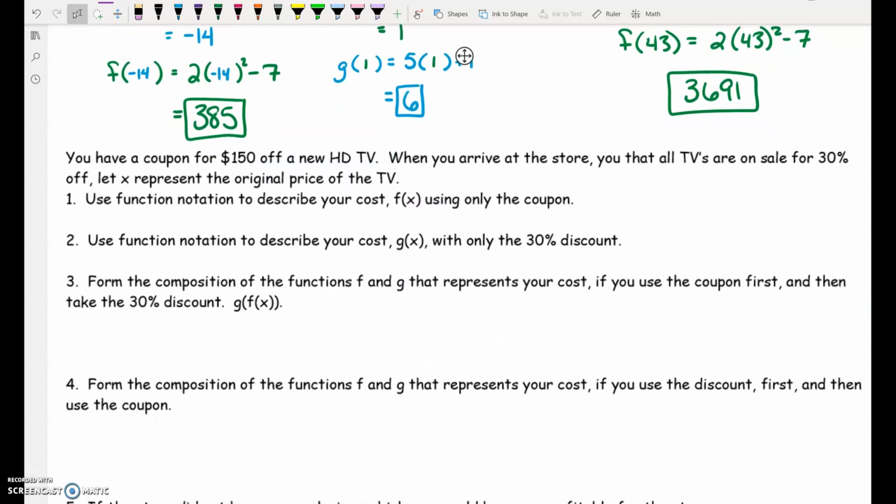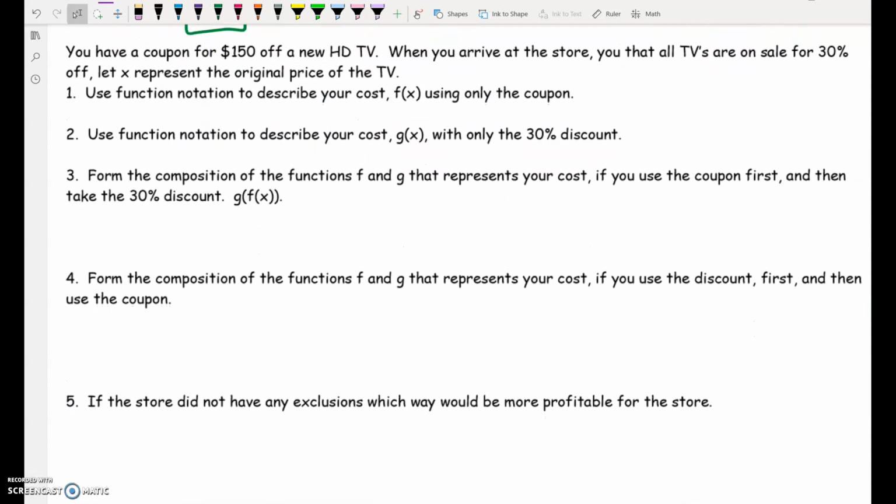This last problem on our notes we aren't going to actually do, but it's kind of a more real-world composition of functions type of situation. So you have a coupon for $150 off a new TV. When you arrive at the store, you find that all TVs are on sale for 30% off. So does it make more sense to use your discount, then take 30% off, or does it make more sense to take 30% off, then use your discount?